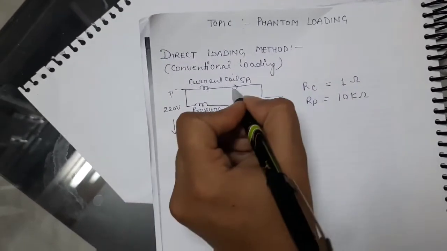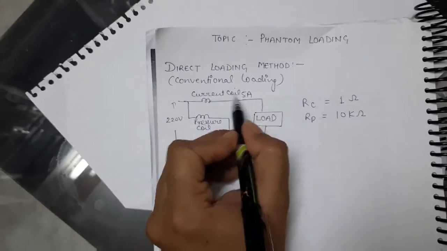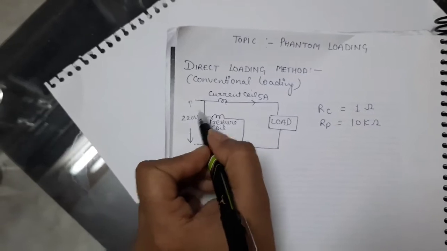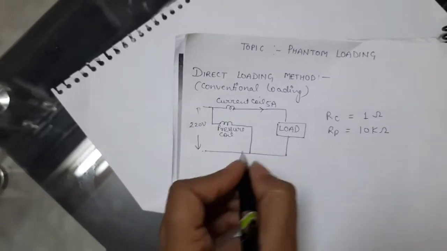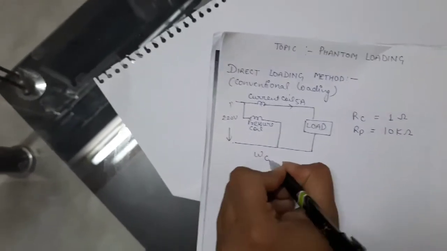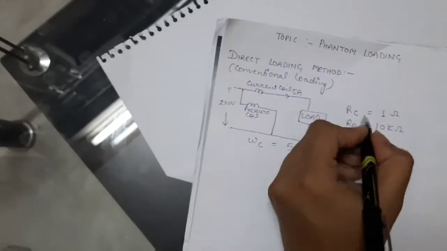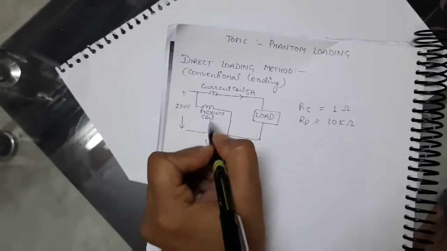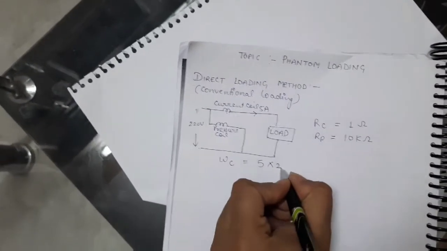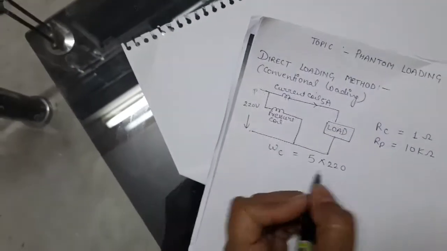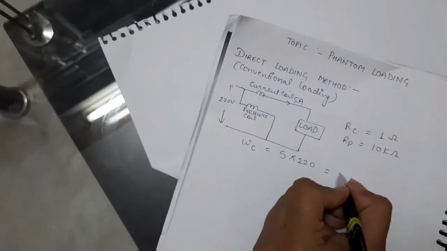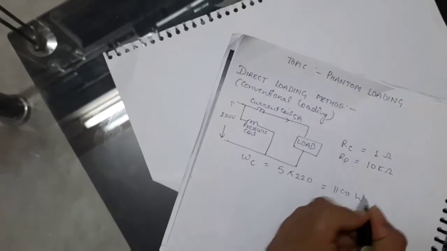Now if 5 ampere current flows through the current coil, what will be the power consumption by the current coil? The power consumption in the current coil, WC, equals 5 ampere times 220 volt. Then the power consumption in the current coil is 1100 watt.